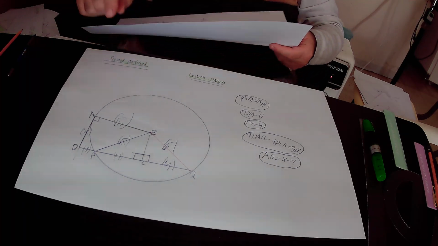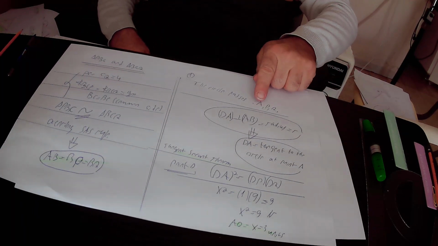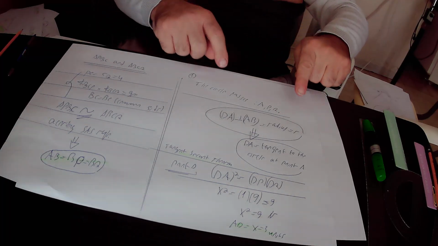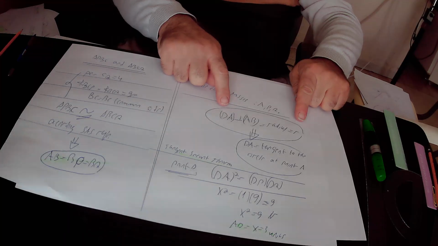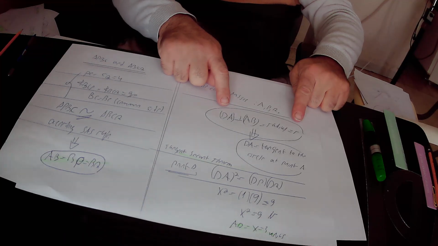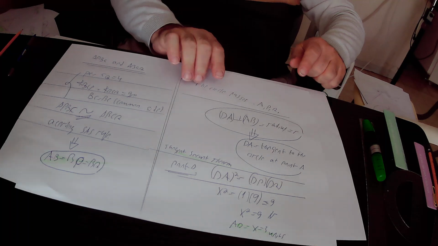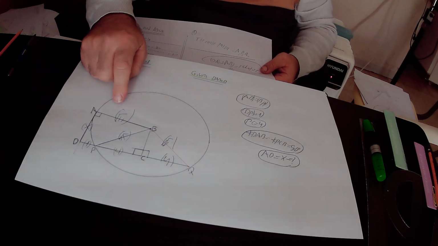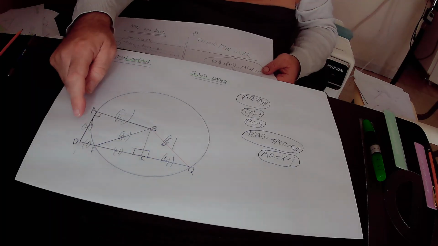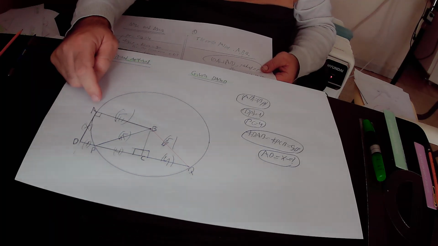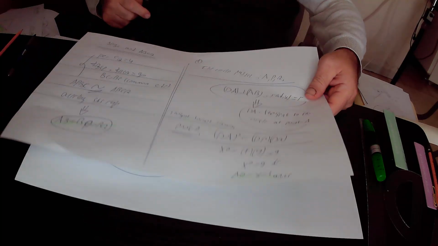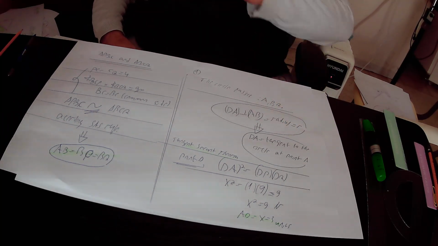This equals R. From this, we will derive that DA is perpendicular to the radius of the circle. Therefore, DA is a tangent to this circle at point A. Again, DA is tangent to the circle at point A.